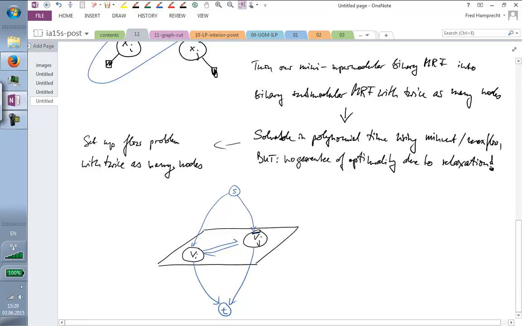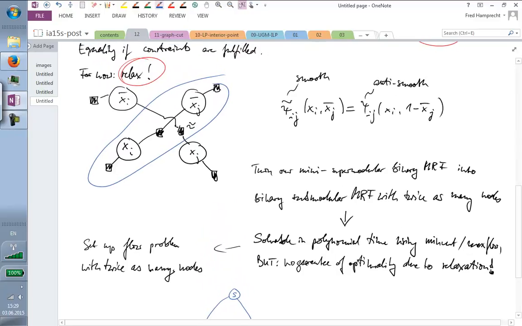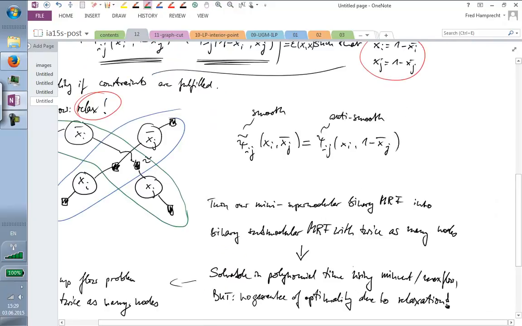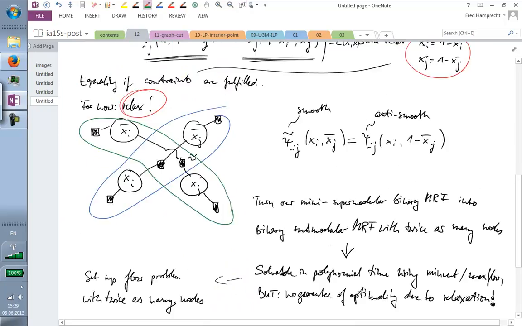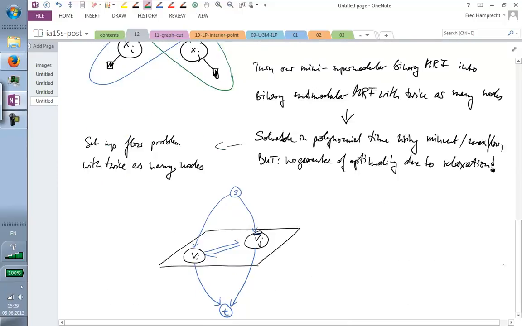And now I'm drawing the second problem, or the second half of my graph. This one here. This would be between Vi bar and Vj.